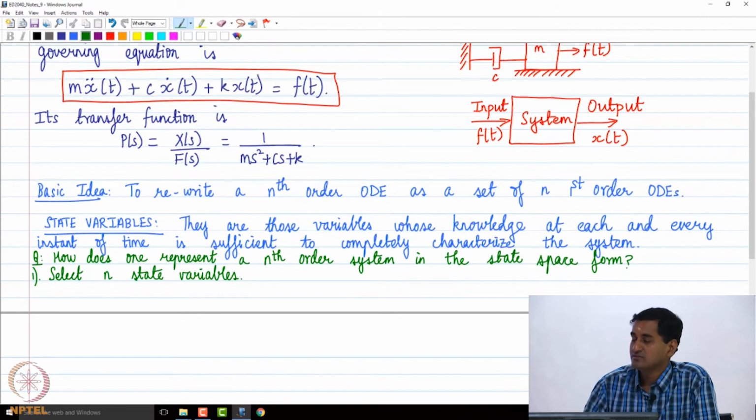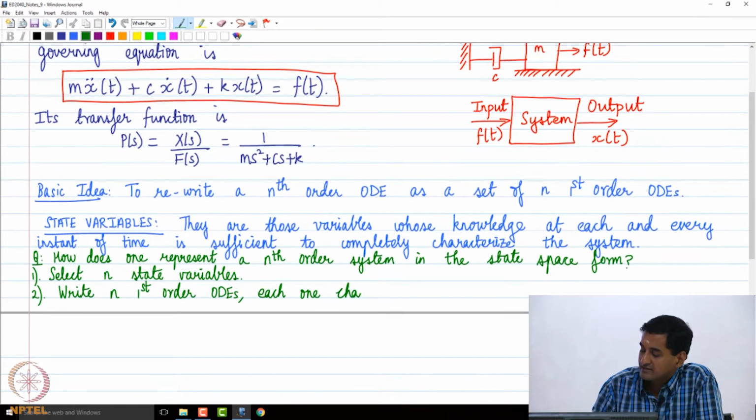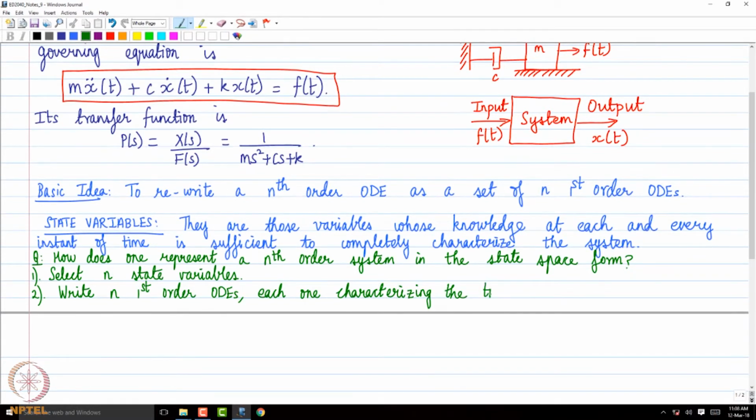So you are given an nth order system. The first step is to choose n state variables, right? So second step is that, so write n first order ODEs, each one characterizing the time evolution of the n state variables.